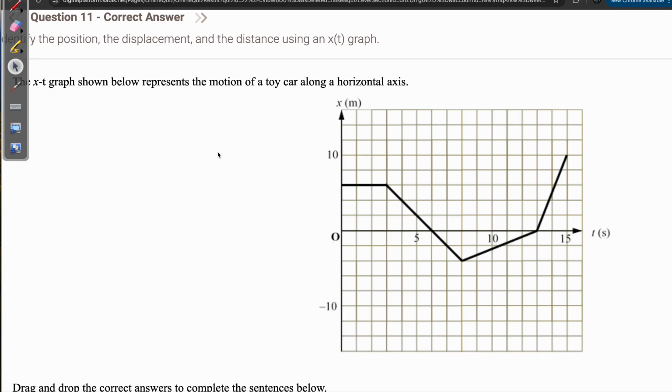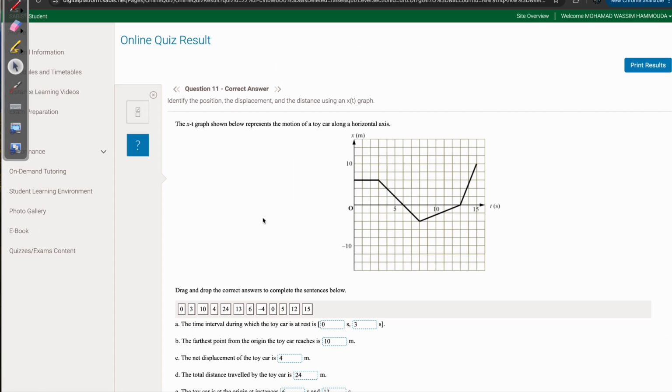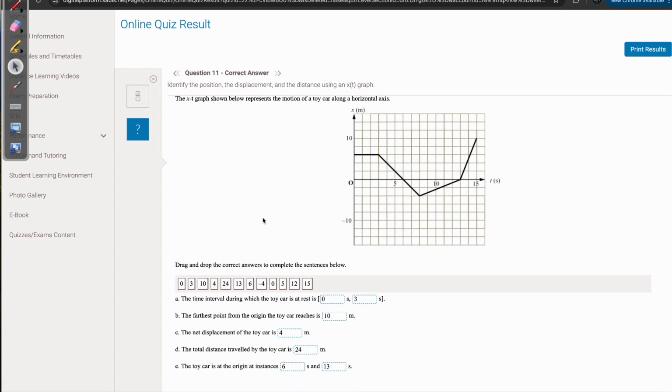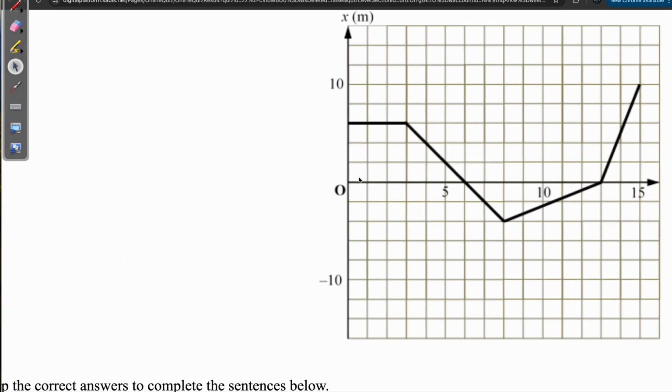In the VT graph, we'll see later. So we're looking for which part of the xt graph is horizontal. It's this part, from 0 to 3.